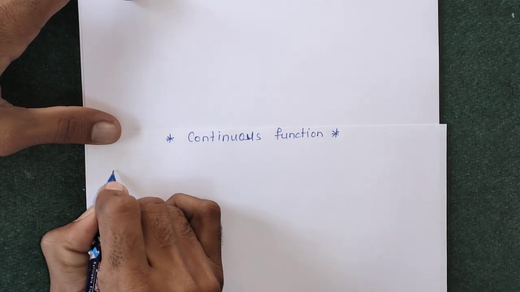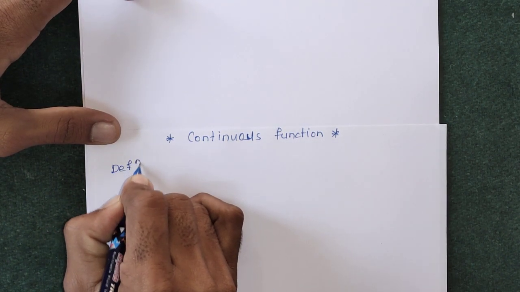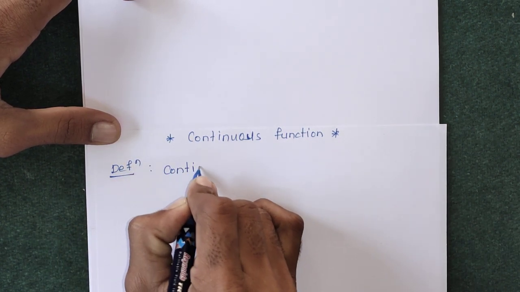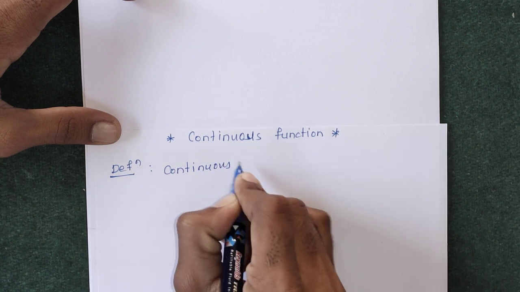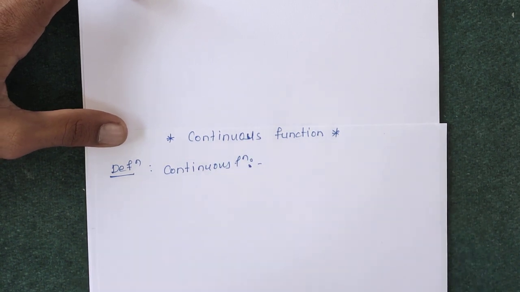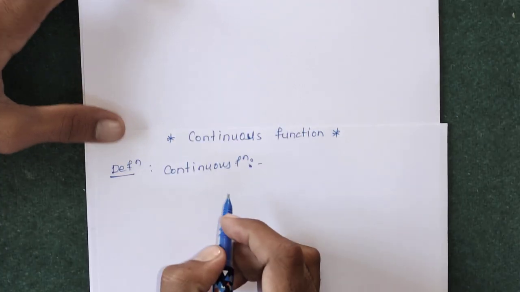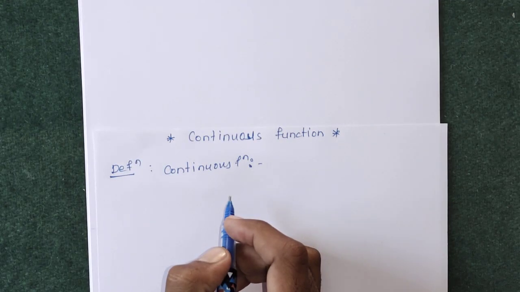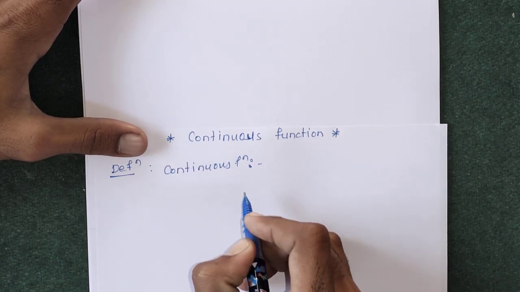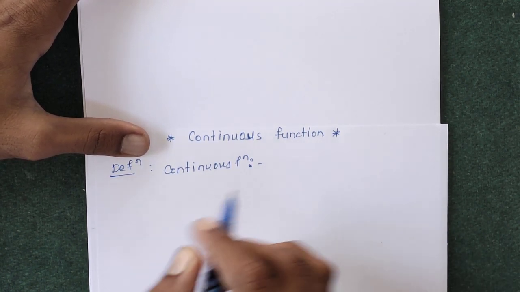So the definition of continuous function. Now we are dealing in metric spaces, so here the function is from one metric space to another metric space.